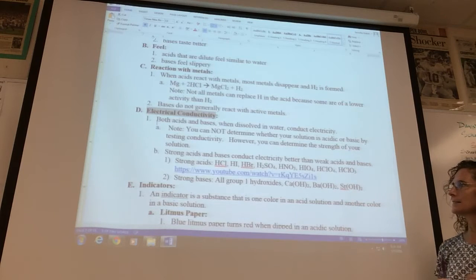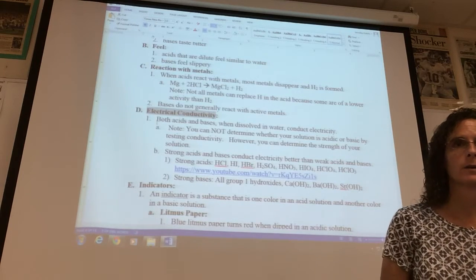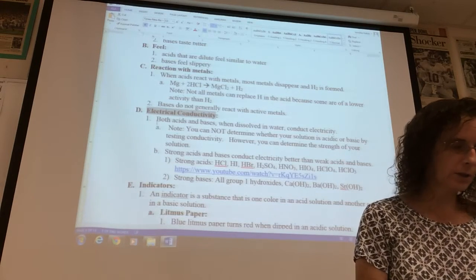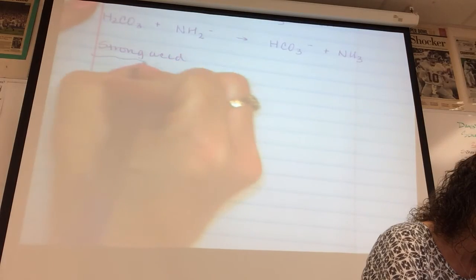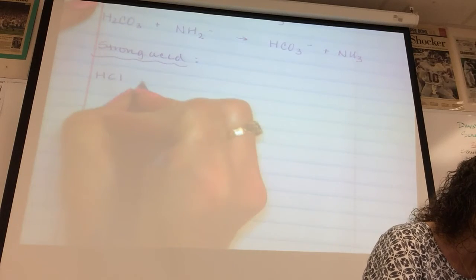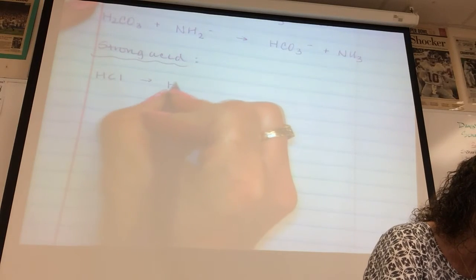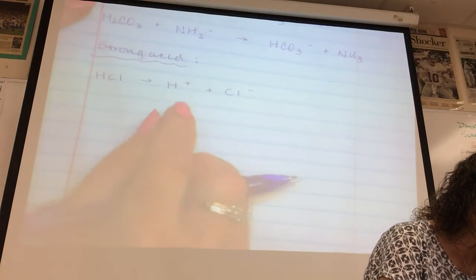A strong acid means that the substance ionizes completely, as we stated in the lab the other day. Go ahead. Memorize these for this year? Yeah, these you need. So, for example, if you have a strong acid such as hydrochloric acid, this is what we used in the lab the other day, it will ionize completely.